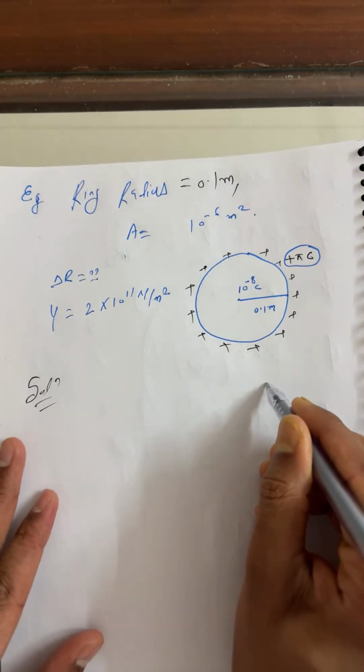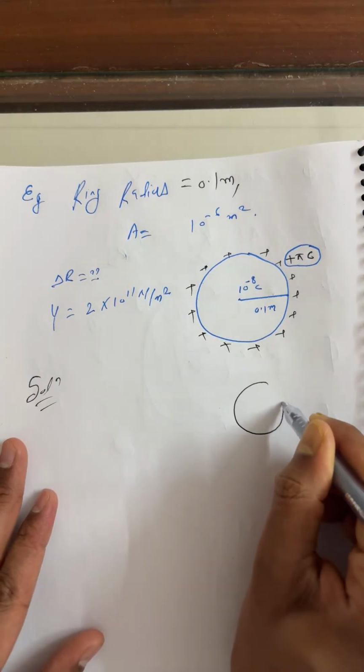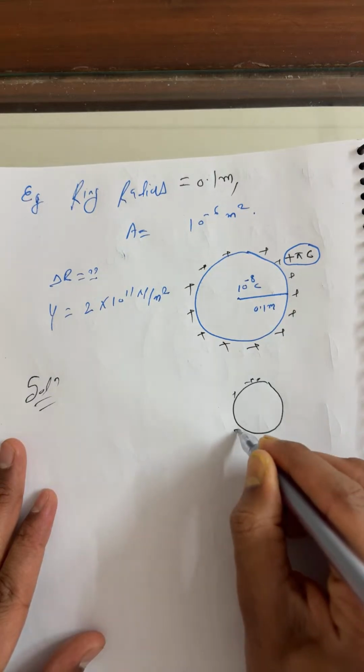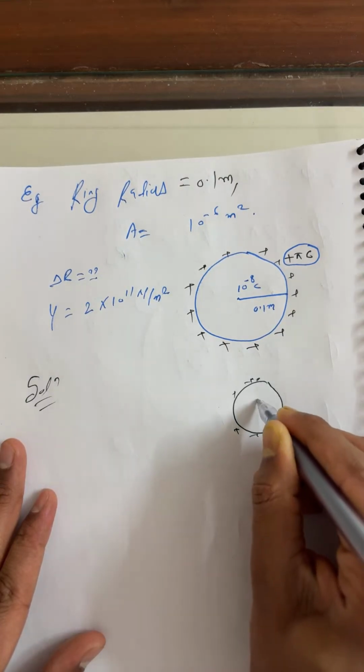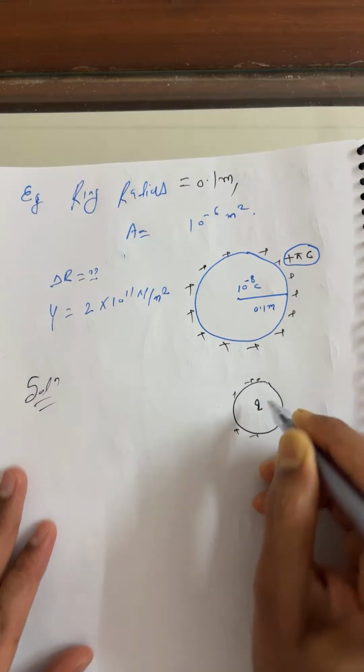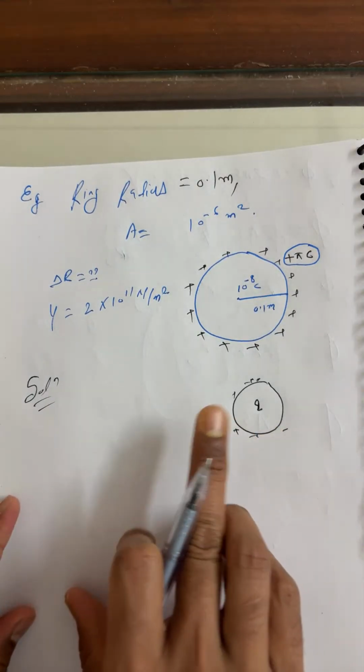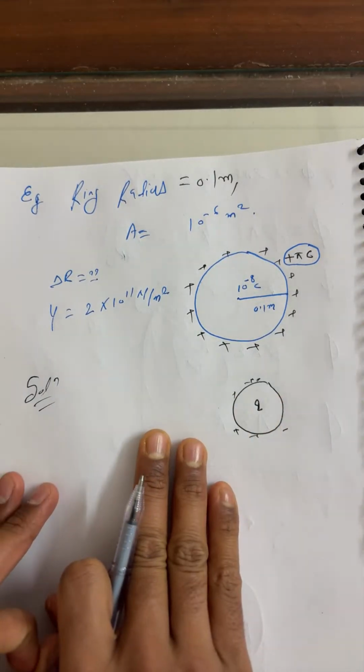There is a ring which is uniformly charged, and if I place an extra charge, what is the excess tension in the ring?